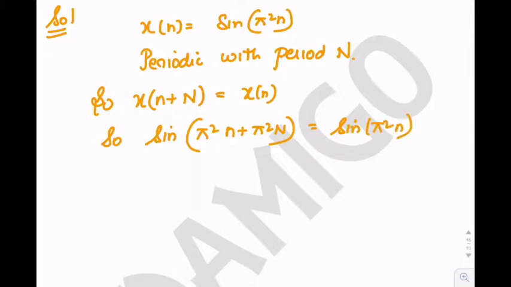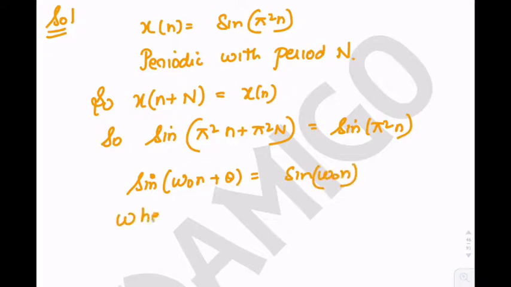Now as we know that sin(omega naught n plus theta) is equal to sin(omega naught n) when theta is equal to an integer multiple of 2 pi, that is equal to 2 pi m, where m is any integer.